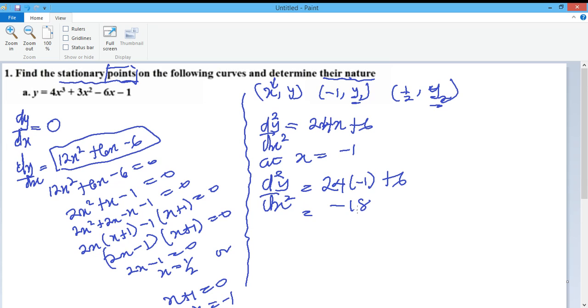Since this is negative, the point at x equal to negative 1 is a maximum, because d squared y over dx squared is less than 0.